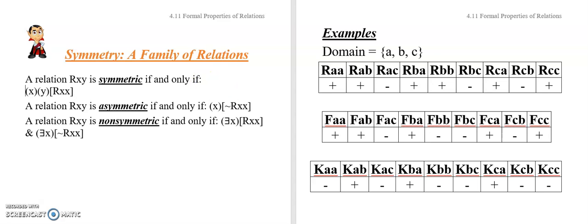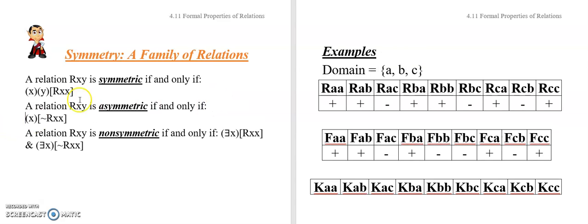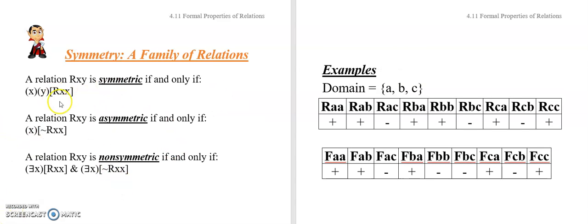Let's give ourselves a little bit of space here. So like this, a relation is symmetric if and only if it satisfies this description. So it's going to be: if Rxy, okay, then it's the case that Ryx.